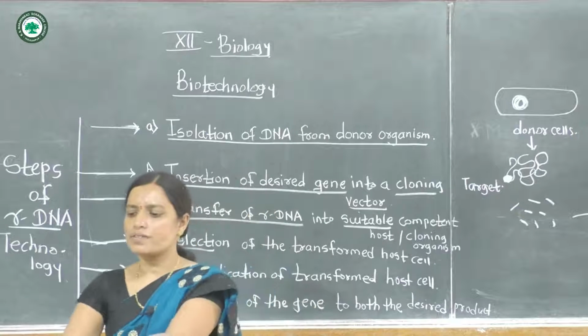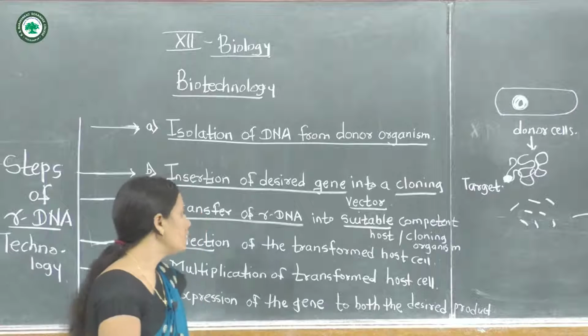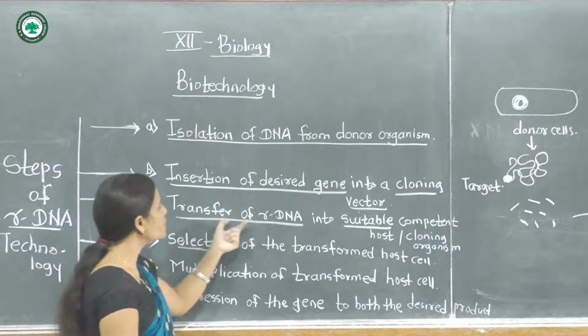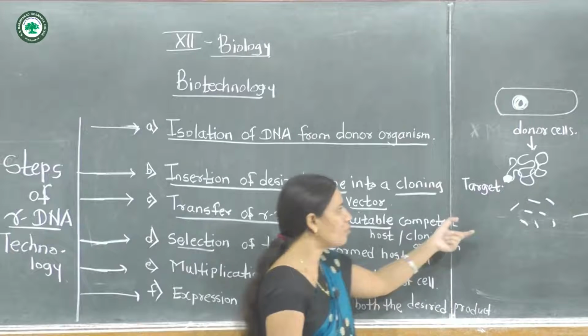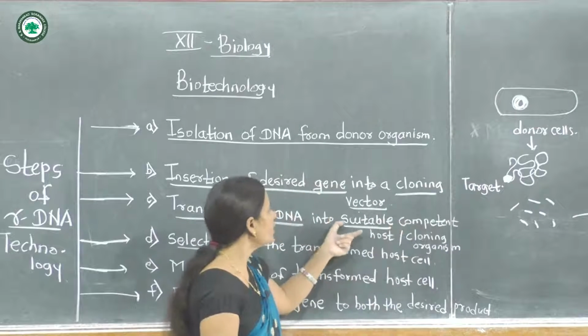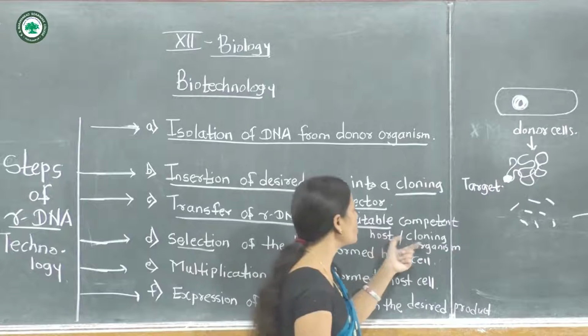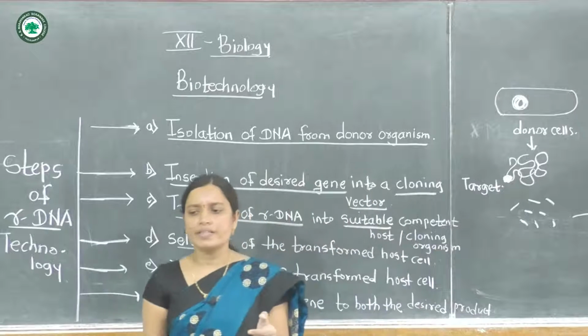Now the next stage, the third stage of rDNA technology, is the transfer of rDNA, recombinant DNA. This recombinant DNA can be transferred to a suitable host or cloning organism.